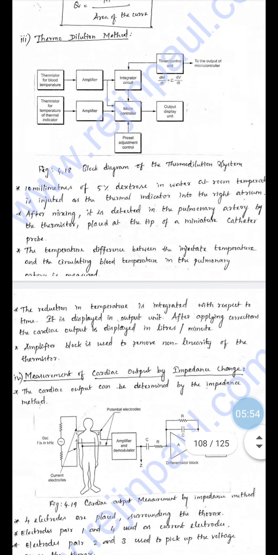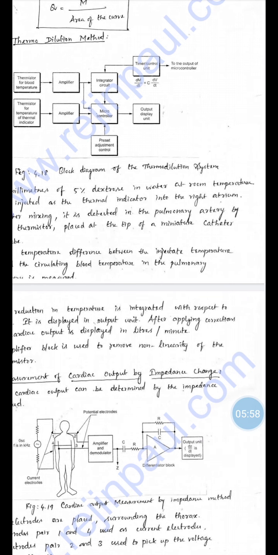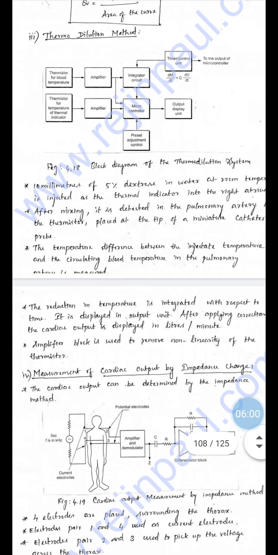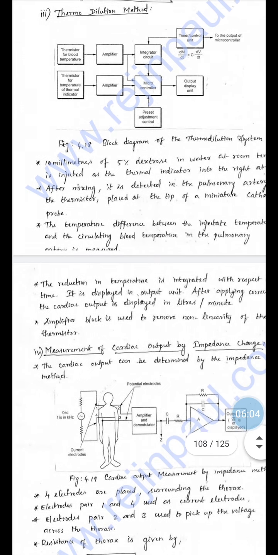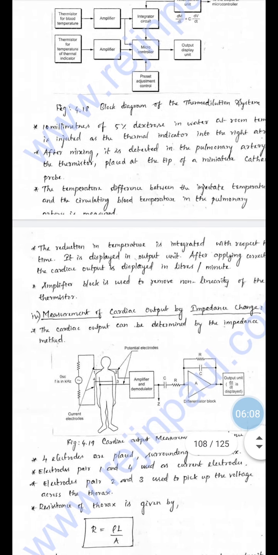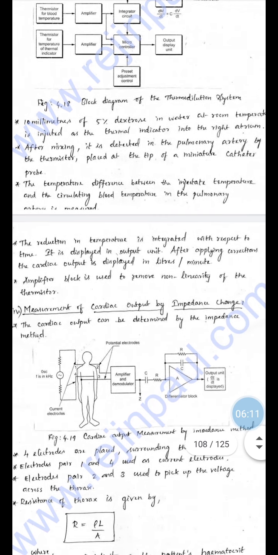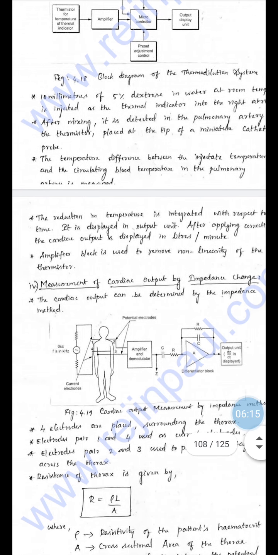After mixing, it is detected in the pulmonary artery by the thermistor placed at the tip of the miniature catheter probe. The temperature difference between the injected temperature and the circulating blood temperature in the pulmonary artery is also measured.